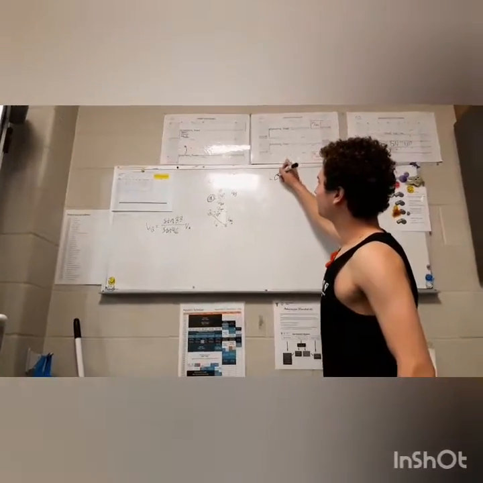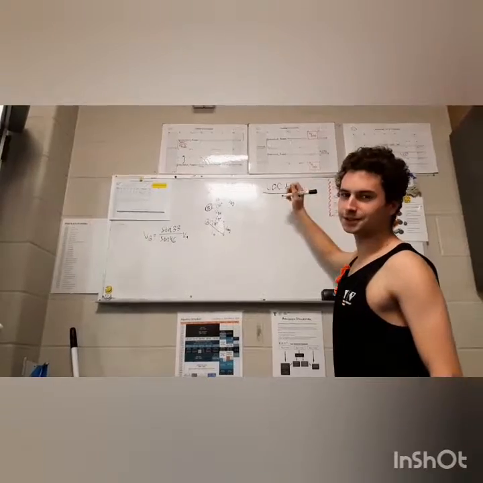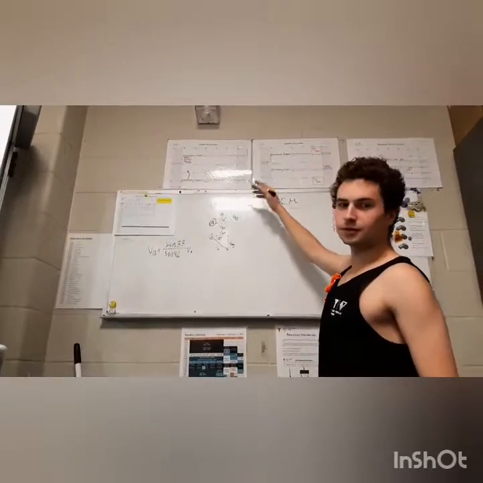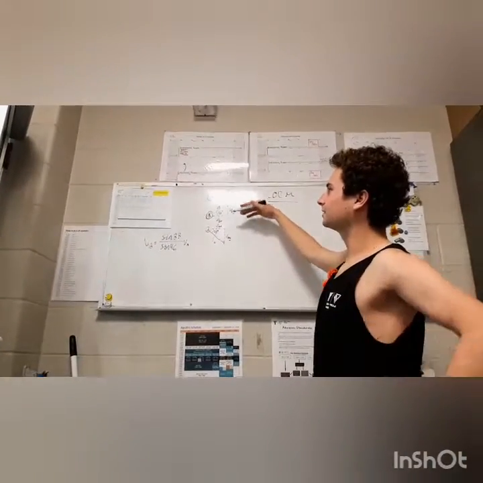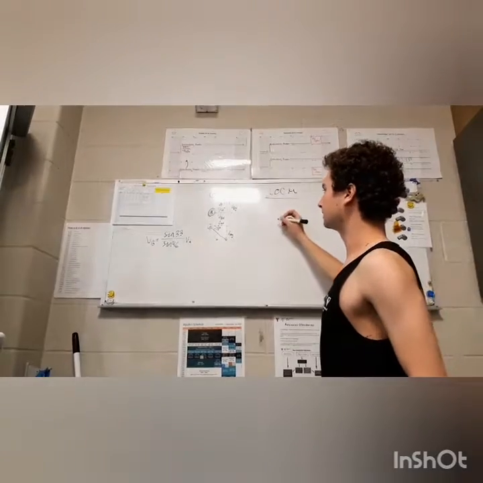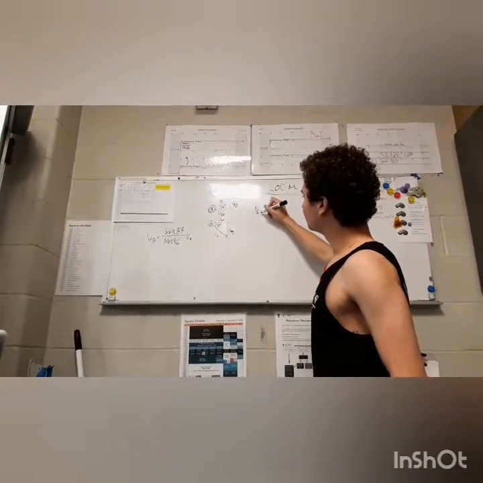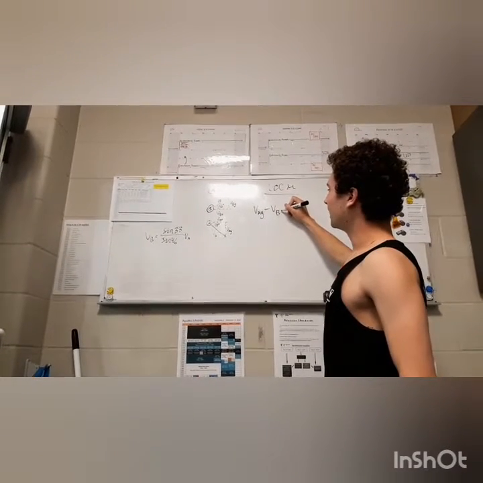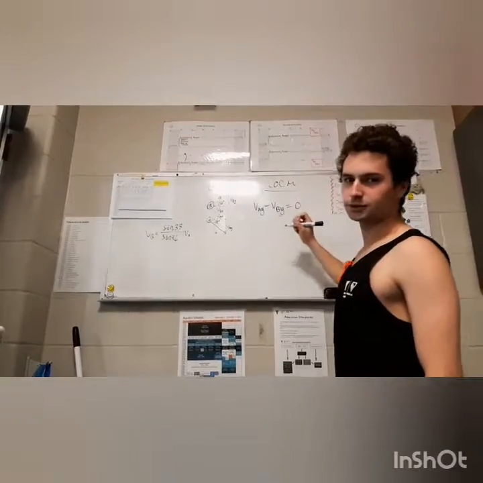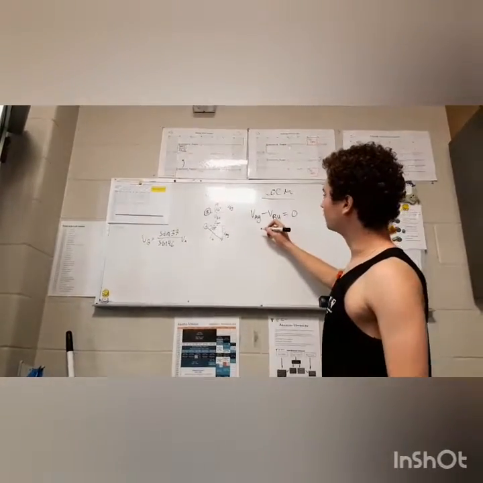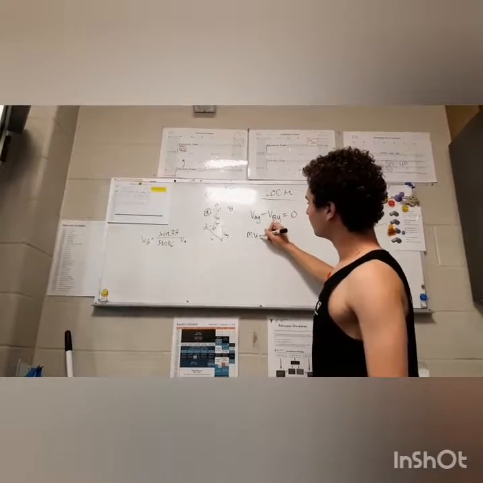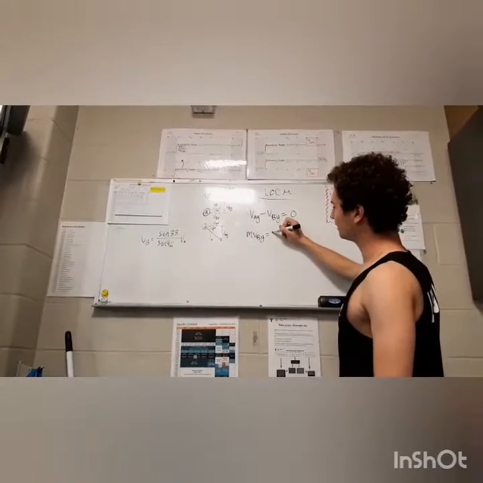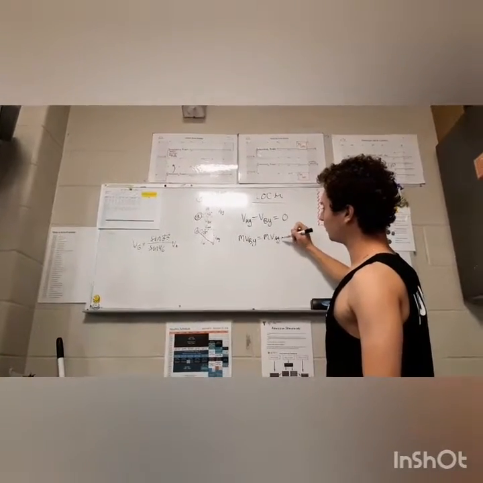Now, due to the law of conservation of momentum, which is the key to this equation, since there was no movement in the y-axis with the original A puck's velocity, that means that the y velocities of the A and B pucks after are also going to equal 0. So from that we can say that the momentum of B in the y-axis is going to equal the momentum of A in the y-axis.